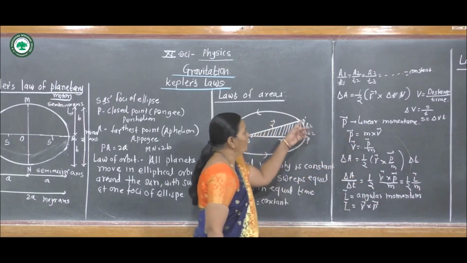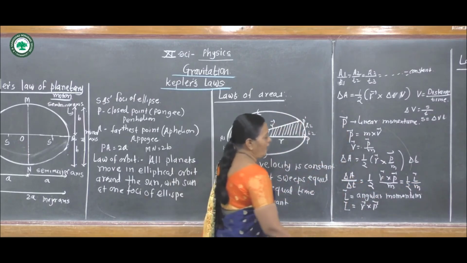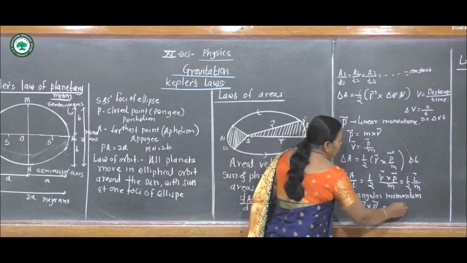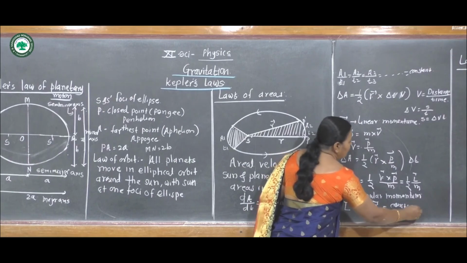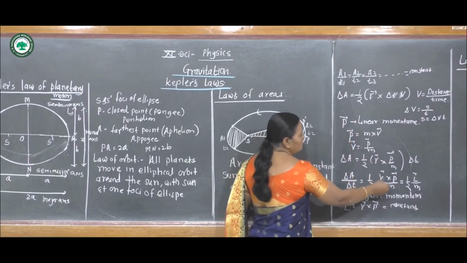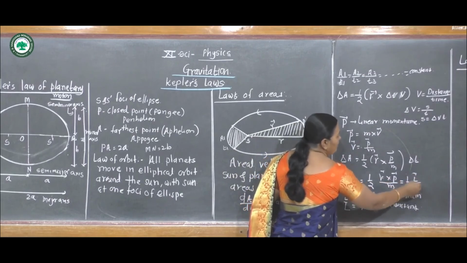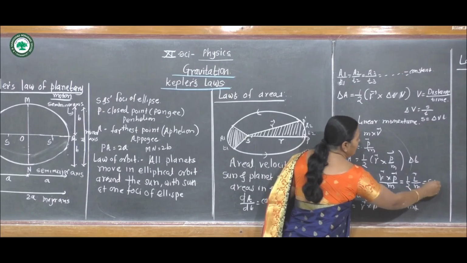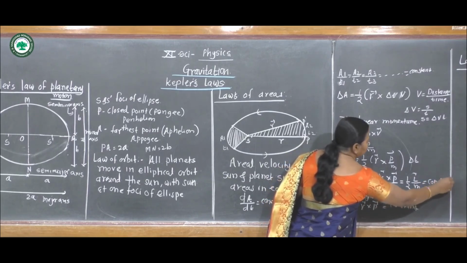Now, in case of this elliptical motion, angular momentum is constant. For a central force, angular momentum is constant. L is constant, m is constant. Therefore, this areal velocity is constant.